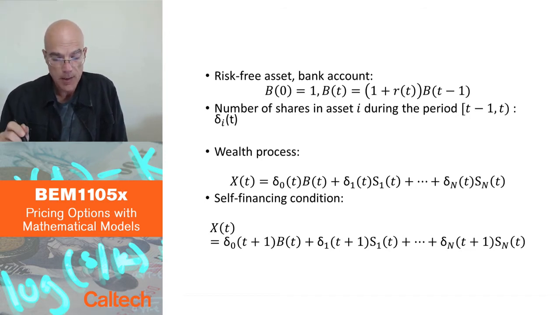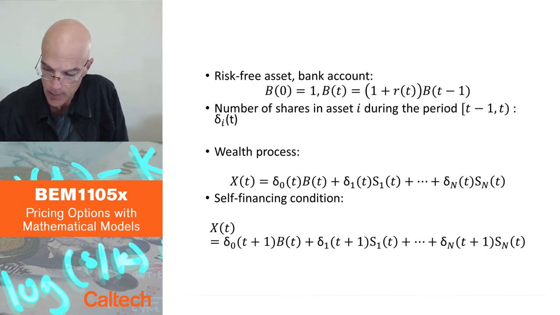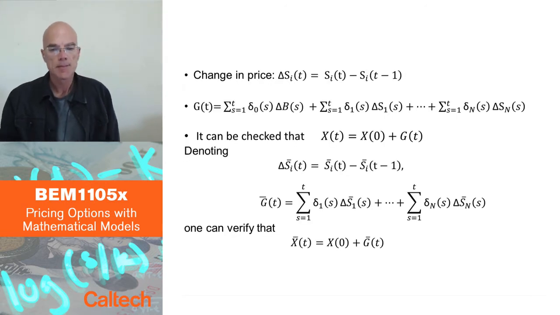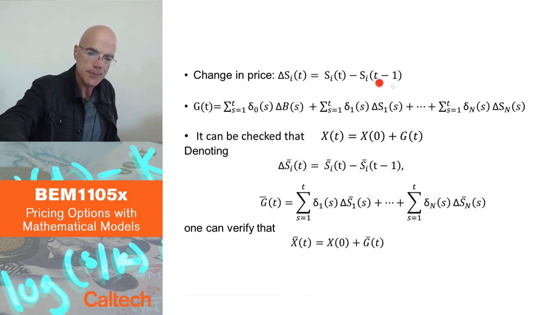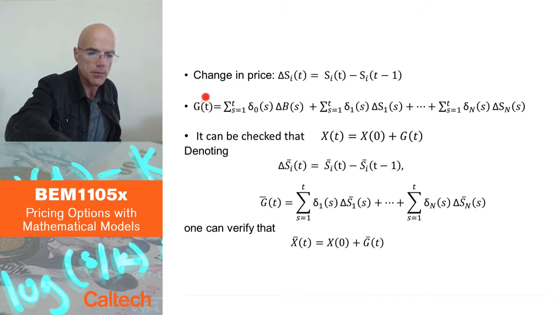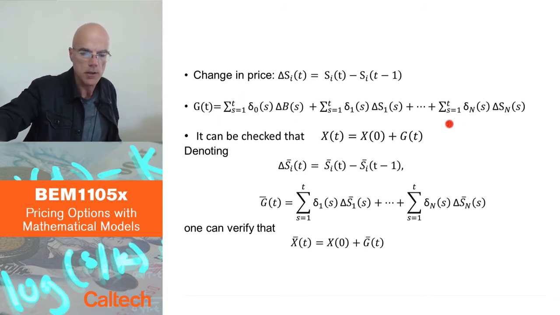I will need this to show you some facts on the next slide. Again, the same notation as before: change in price is capital delta during the period at t. The gains process is the sum of all the profits and losses in each asset.